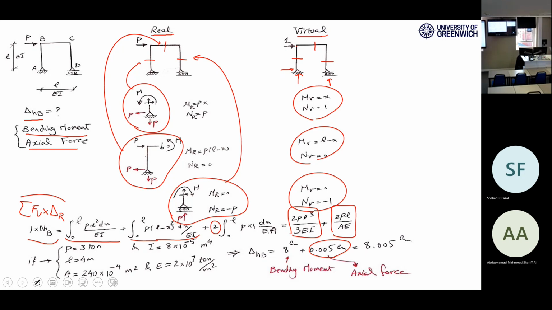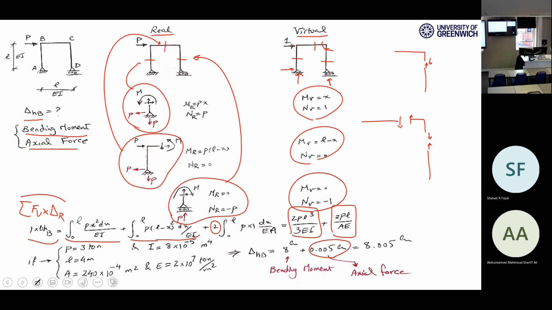Because it's very different. If you make a section here from beam to column, this is the beam, the column, the axial force is like this. I mean, if I cut an epsilon from beam and column, the axial force is like this.